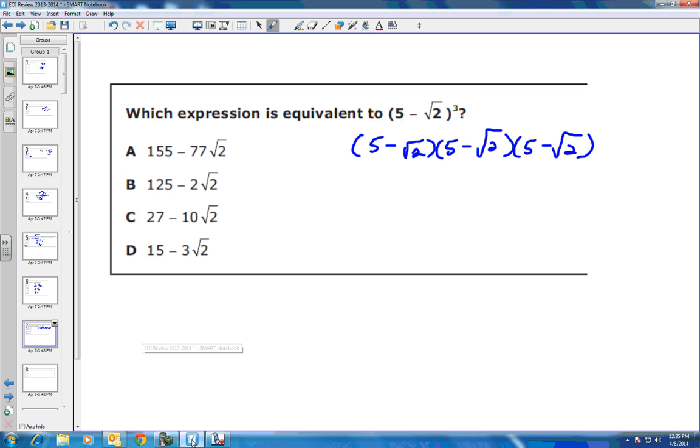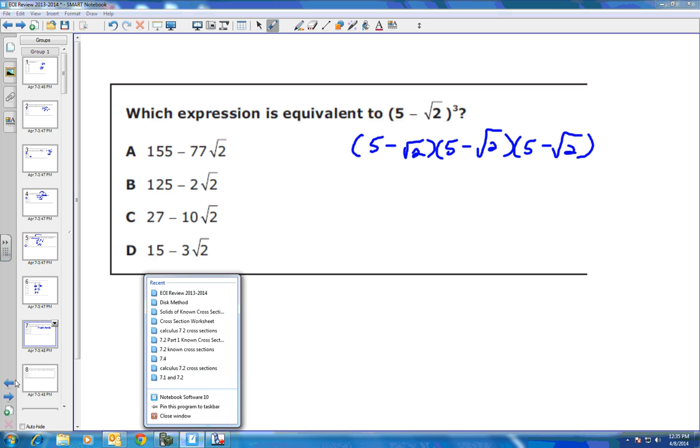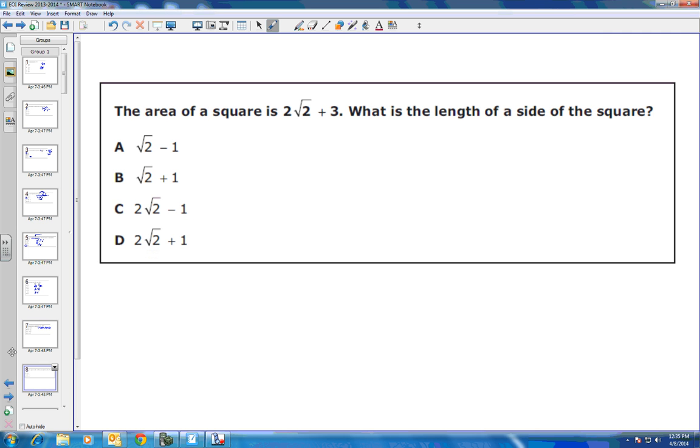All right, are we ready for the next one? All right, the area of a square is 2 square root of 2 plus 3. What is the length of a side of the square? All right, so first of all, I have to know how to find the area of a square. So what is the area of a square? Base times height. But in a square, those are the same thing, right?